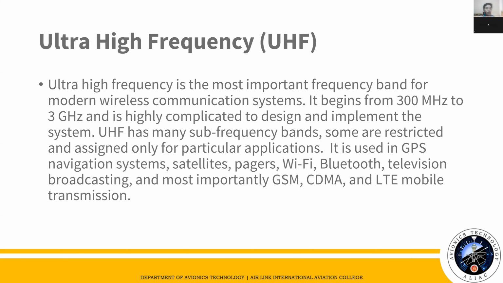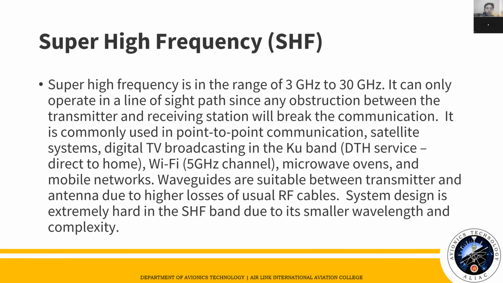And super high frequency is from 3 gigahertz to 30 gigahertz. This system is extremely hard to design in the SHF band due to its smaller wavelength and complexity. It is commonly used in point-to-point communication, satellite systems, digital TV broadcasting, Wi-Fi, microwave ovens, and mobile networks.